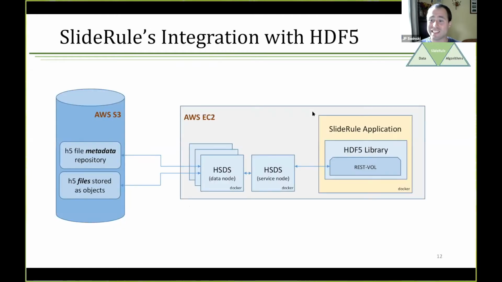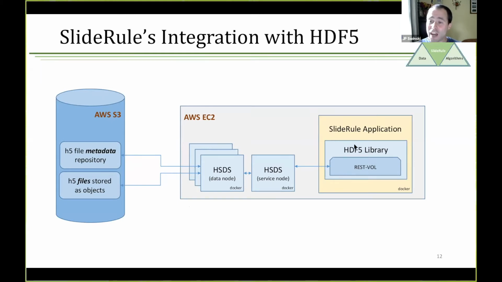Now drilling down, because this is a talk on HDF5, this is the part of our architecture specific to HDF5. Each server runs the slide rule application in a Docker container. Inside that application, we're linking to the HDF5 library.